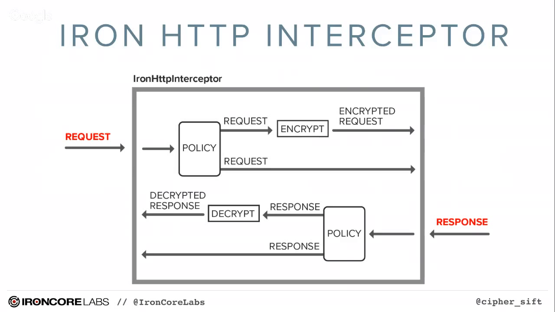And then on the way back, we're going to see if our response is encrypted. If so, we're going to decrypt it and pass it into our application. So we want to encrypt on the way out and decrypt on the way in. And we want our solution to be privacy driven. Does that make sense? Cool.